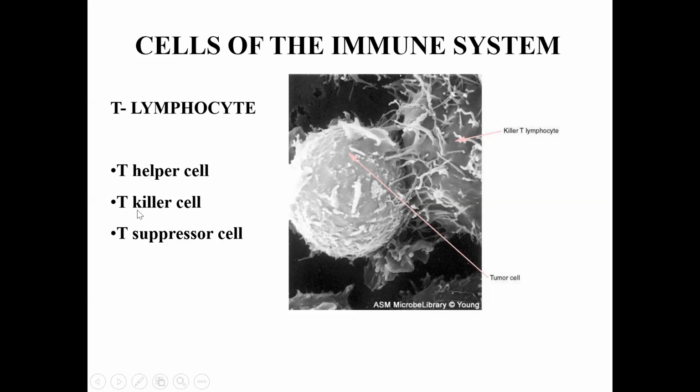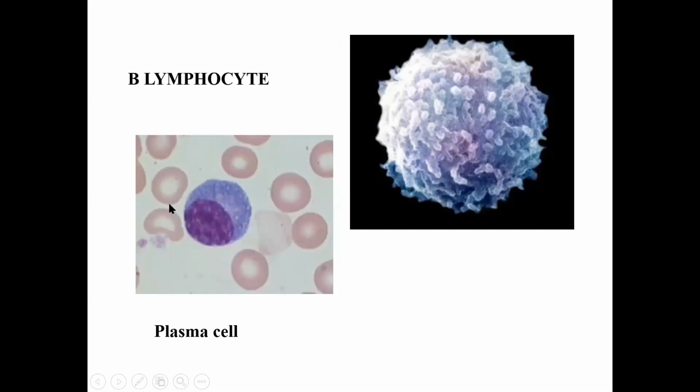Another type is called T killer cells, or T cytotoxic cells, or CD8 cells. The third one is the suppressor T cells, which are used to balance the activities. The most important ones are the T helper and T killer cells.